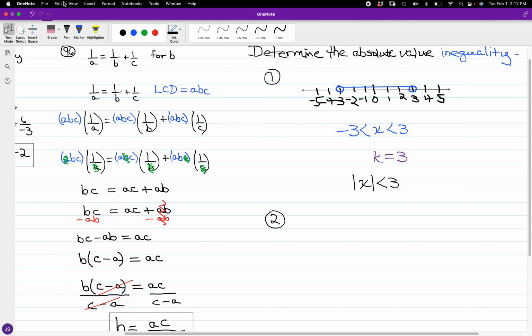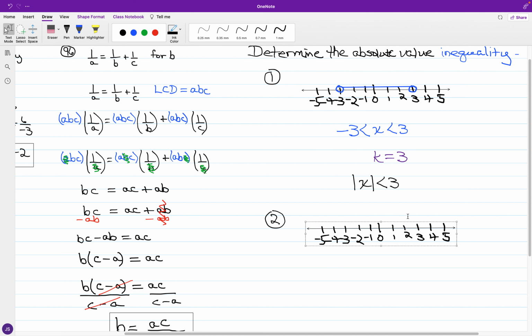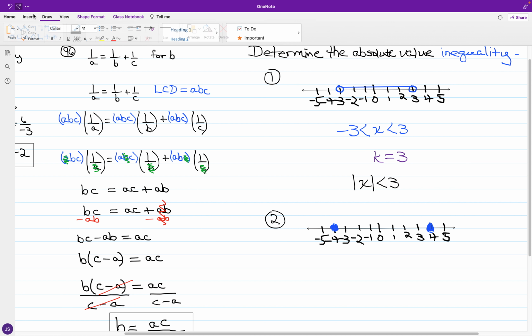Now, let's say I have another bit of activity, and we'll say that we have solid points on positive and negative 4. And say that we're going to have rays extending in opposite directions.